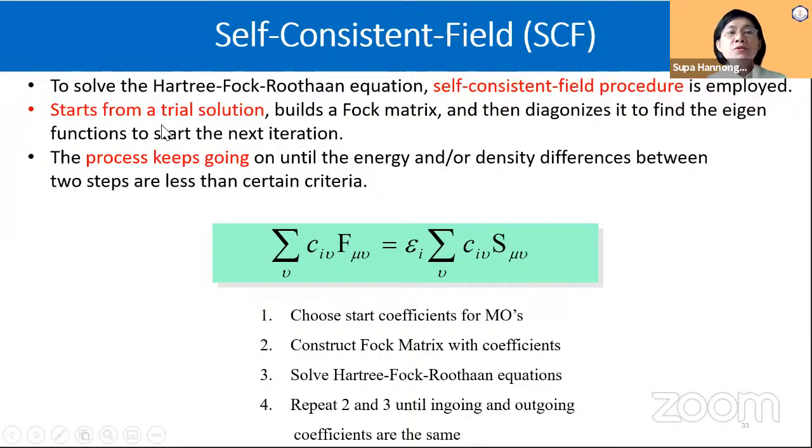As I introduced to you, we start from a trial solution, build the Fock matrix, and then diagonalize it to find the eigenfunction to start the next iteration. The first cycle is just a trial, anything. But after we get the eigenfunction, we start the second cycle, third cycle, fourth cycle, and so on.